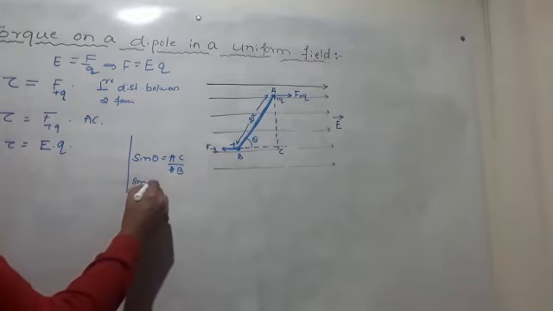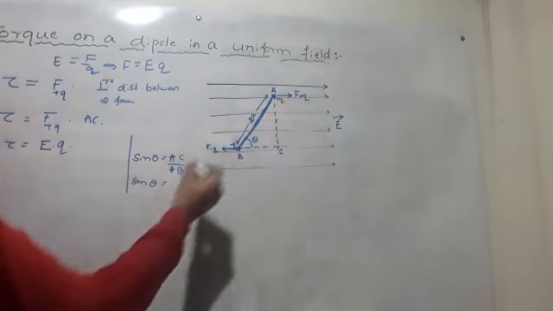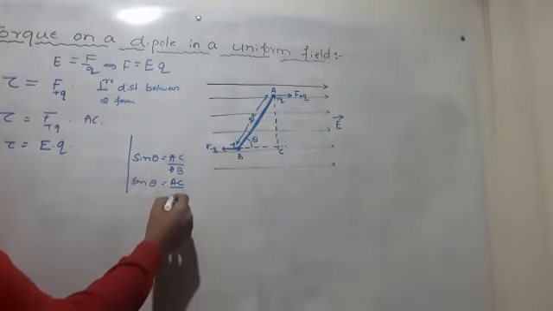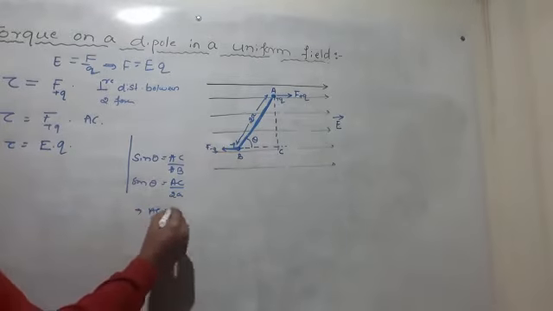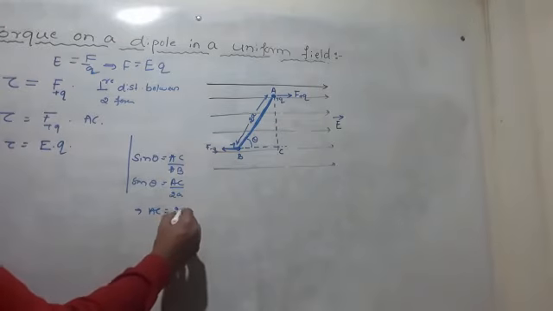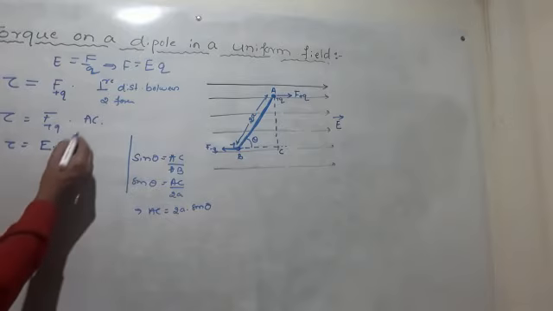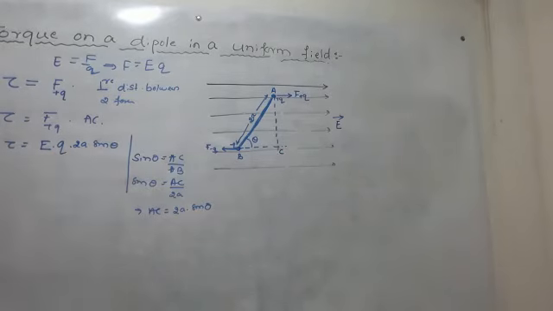AB is 2A, so AC will be equal to 2A into sin theta.